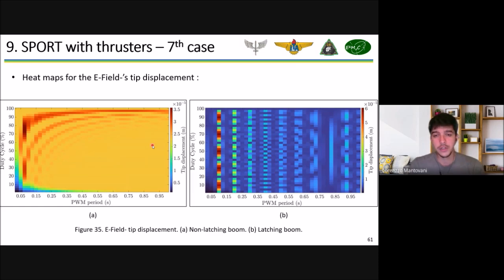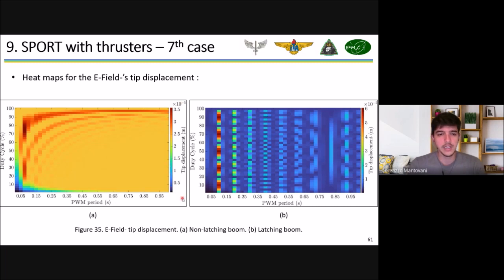Now I'm showing you two heat maps. These heat maps are the tip displacement of the E field minus during our simulations, and the difference is on the left. On the left image here, we have a non-latching boom, and on the right we have a latching boom. On the vertical axis is the duty cycle, the PWM period is on the horizontal axis, and the color scale varies from blue to red.